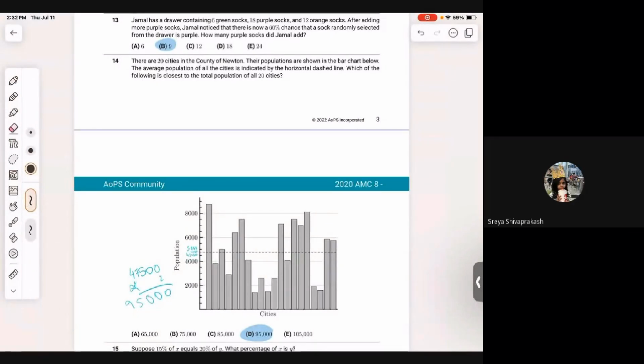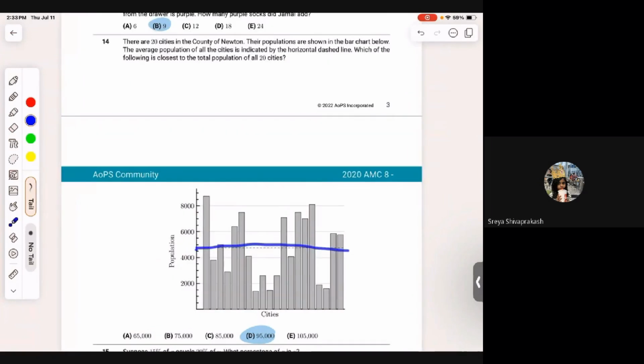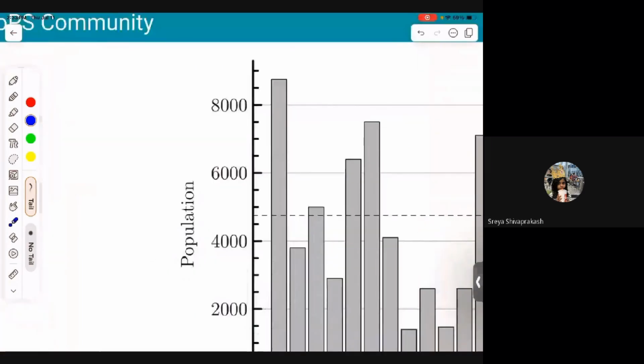Sure. Okay. So the dotted line, you can see that it's halfway in between 4,500 and 5,000. So that's 4,750.